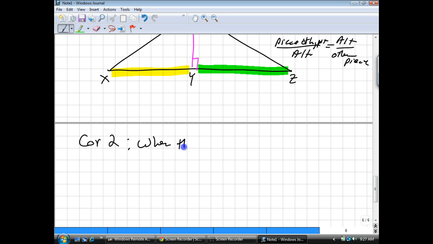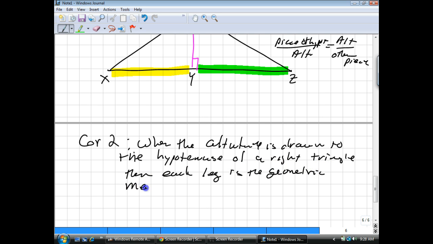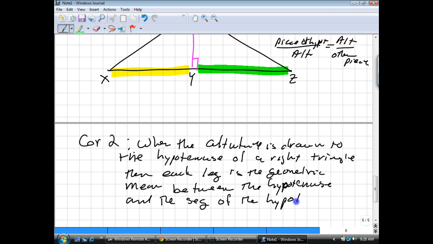It says when the altitude is drawn to the hypotenuse of a right triangle, then each leg is the geometric mean between the hypotenuse and the segment of the hypotenuse adjacent to that leg.